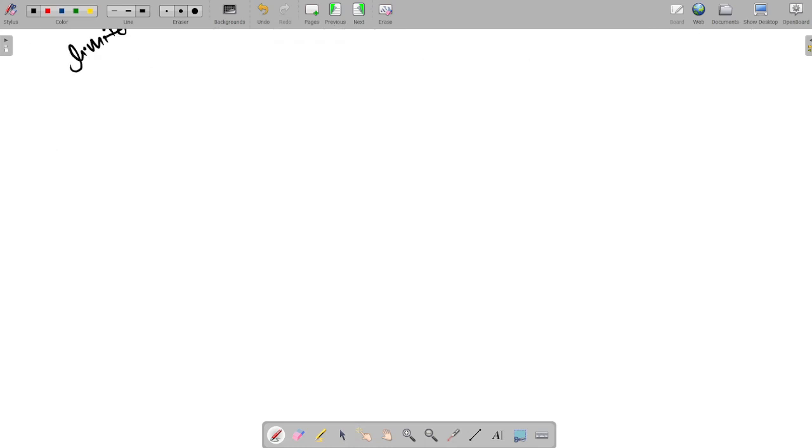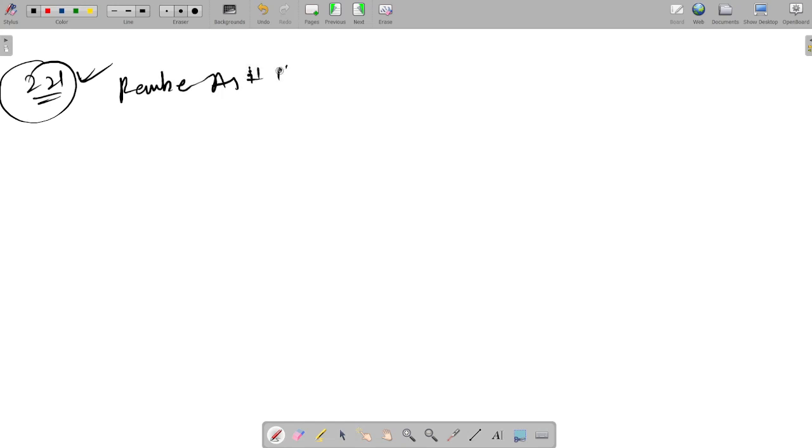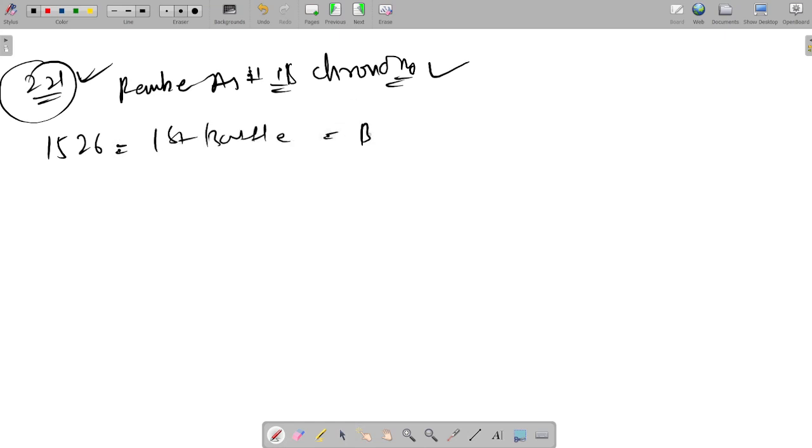Guys, on page number 221, an important table is given. Please remember that table as it is, because details like chronology are asked directly these days in prelims. Let me give you a short glimpse of this. In 1526, in the First Battle of Panipat, Babur defeated Ibrahim Lodi and became the first Mughal emperor.